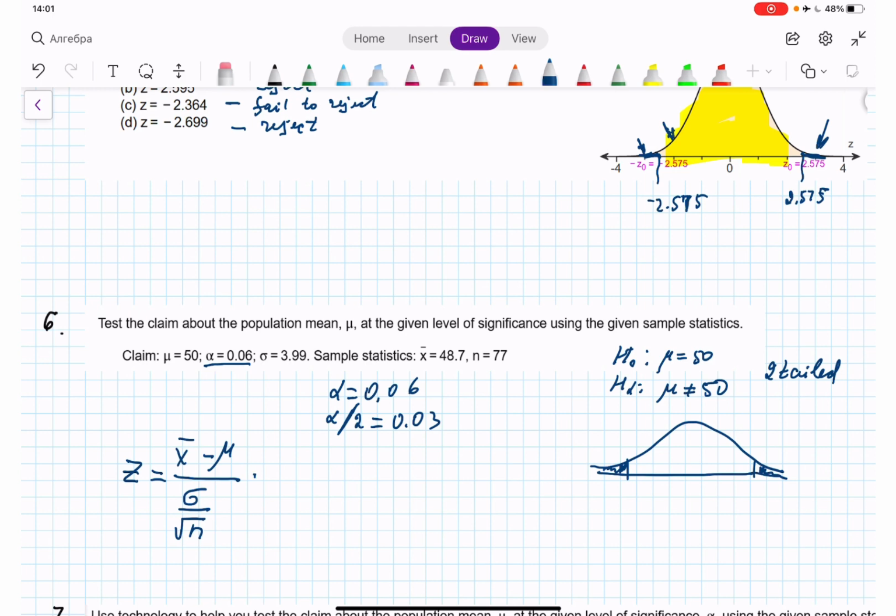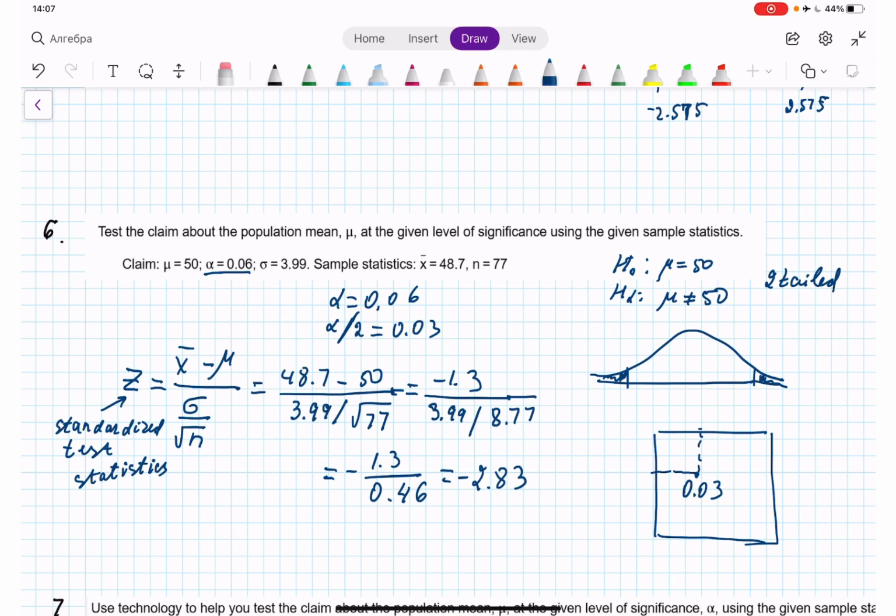Okay, let's plug in the values and find out what we get. X bar is 48.7 minus mu is 50, divided by sigma, 3.99, divided by the square root of the sample size, 77.